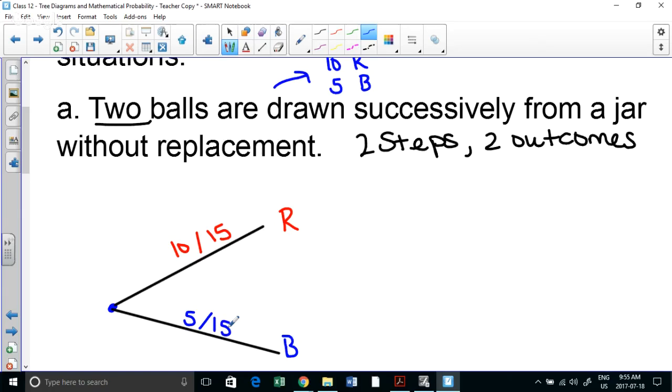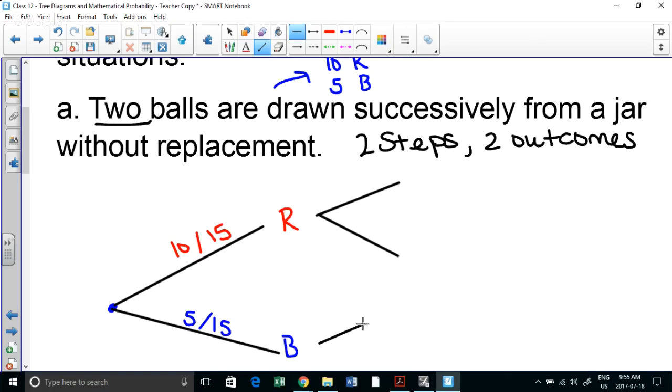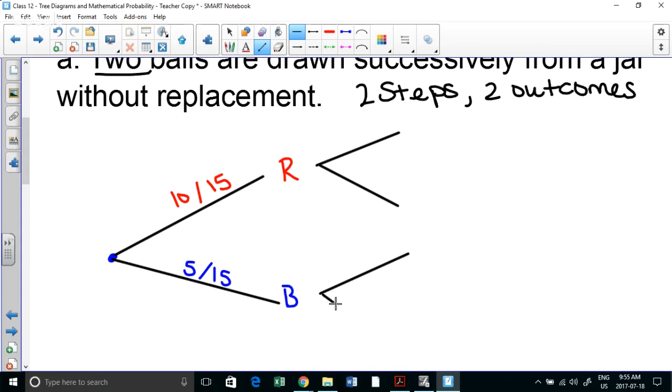So we write the probability on the branches. From each of these outcomes, we extend a branch representing the next step. So for the next step, I could still get red or I could get blue.